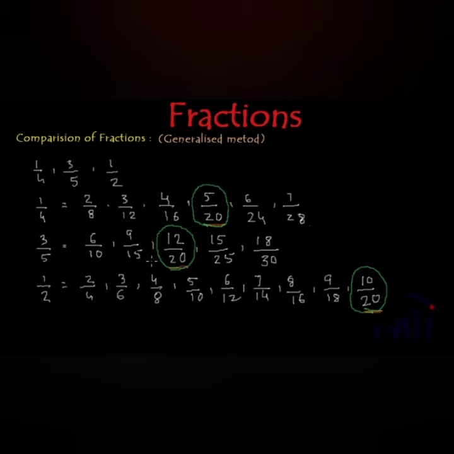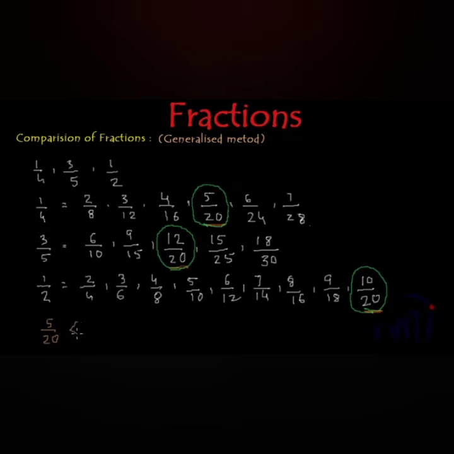And how do we compare when we have the same denominator? We directly compare their numerators, and the fraction with the bigger numerator carries the bigger value, and the fraction with the smaller numerator carries the smaller value. So if I write them in ascending order, the smallest one is 5 by 20.